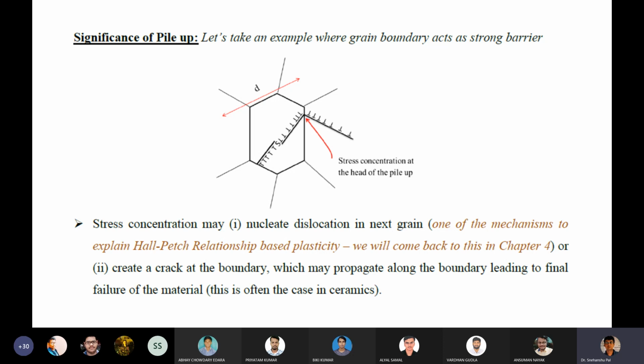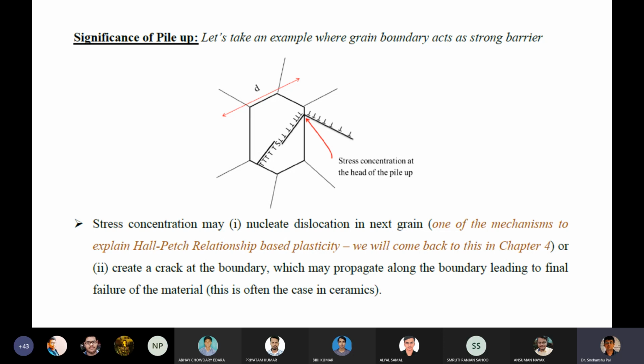In this way, the pile-up increases the applied stress required to move a dislocation across the pile-up region. The stress ahead of a pile-up is proportional to the number of dislocations in that pile-up. So pile-up is a significant phenomenon because it can be directly related to the strength of a material, the yield strength.